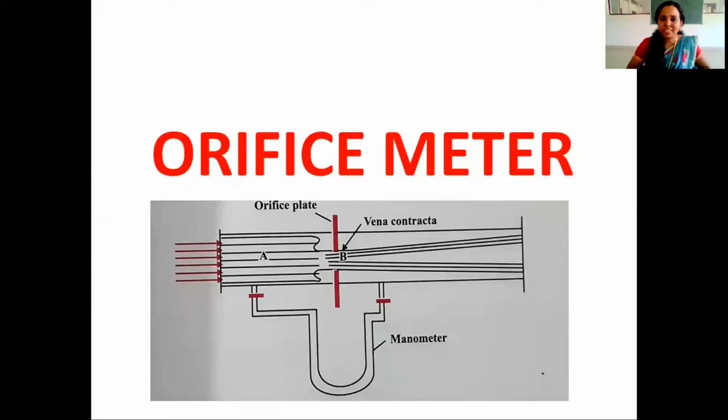Okay, so flow meter is used to measure the discharge of flow of water that is passing through a pipeline. What is this discharge? Discharge means the amount or volume of water passing through a pipeline for 1 second. So this equipment is used to find the discharge rate or flow rate.